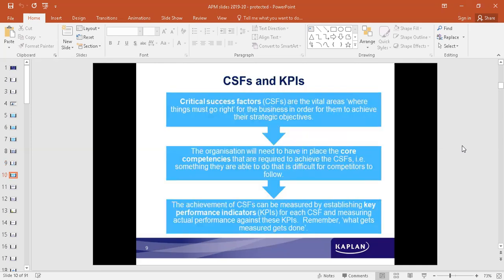Okay, so let's study the meaning of CSFs and KPIs. What are CSFs? Critical success factors. KPIs are key performance indicators. See, for the organization to achieve its objective or purpose, there are certain factors which are crucial.